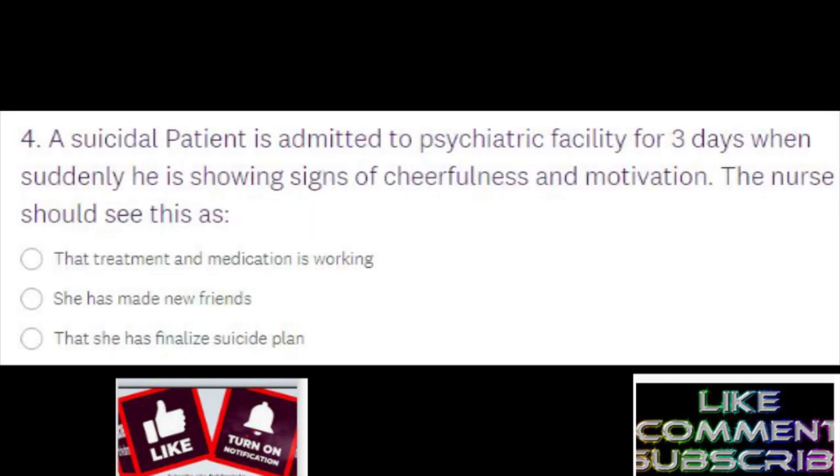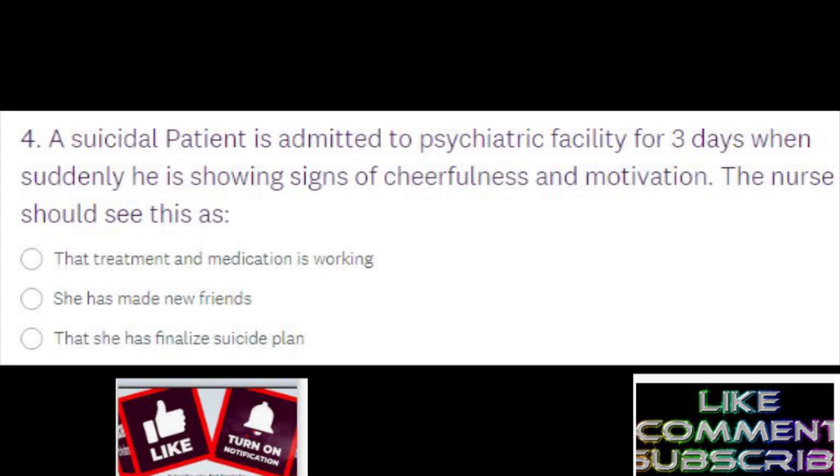Question number 4: a suicidal patient is admitted to a psychiatric facility for 3 days when suddenly he is showing signs of cheerfulness and motivation. The nurse should see this as option A, that treatment and medication is working, option B, she has made new friends, and option C, that she has finalized a suicide plan.